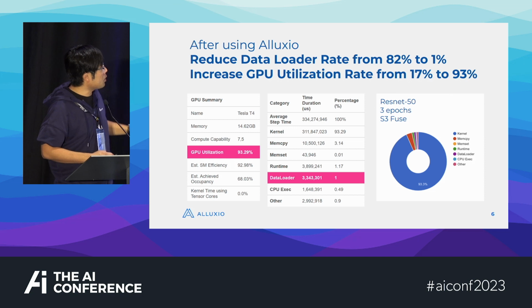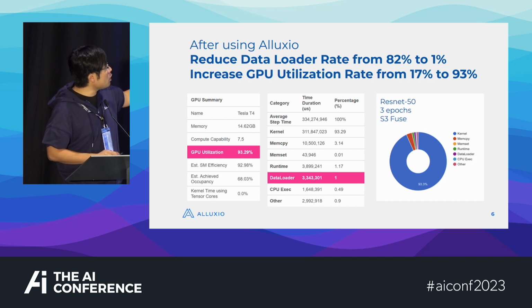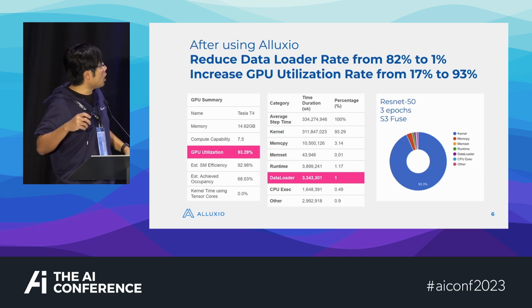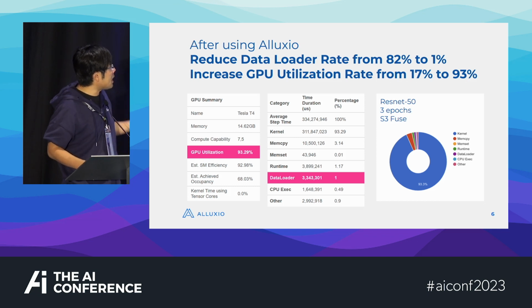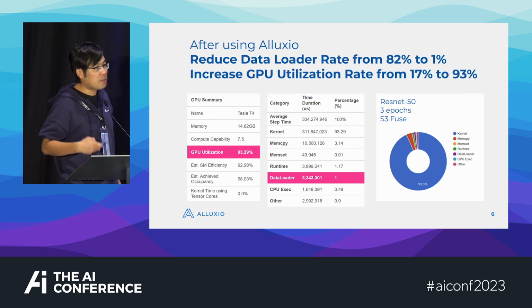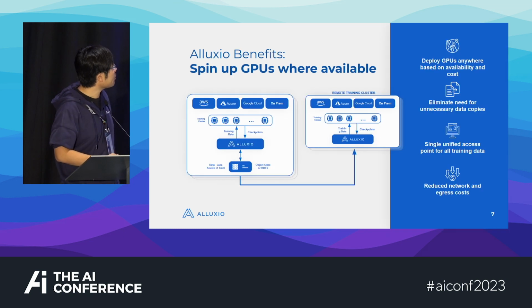With the Alluxio solution here, we can successfully reduce the data loader to occupy only 1% of time. And subsequently, you get GPU utilization as high as 93%, which means the GPU is fully utilized. You don't have to spend time waiting for the data. Okay?